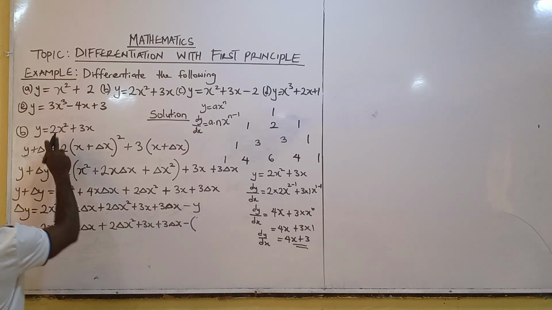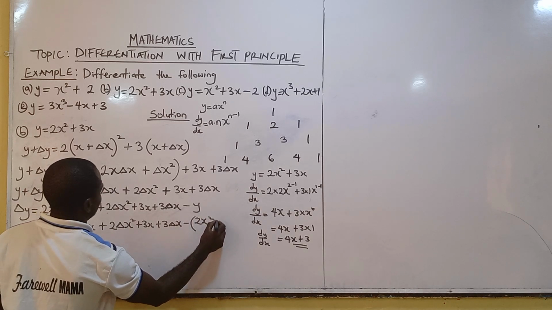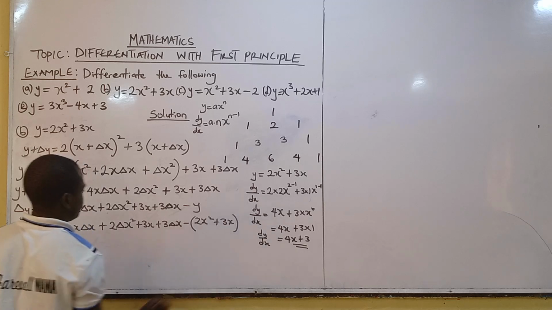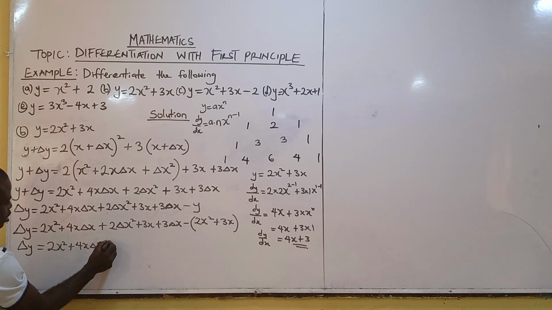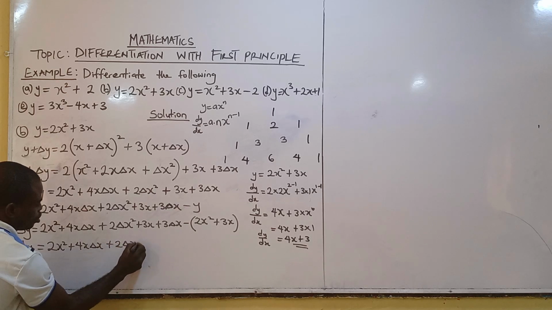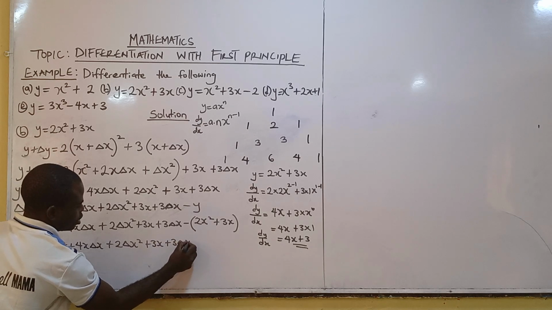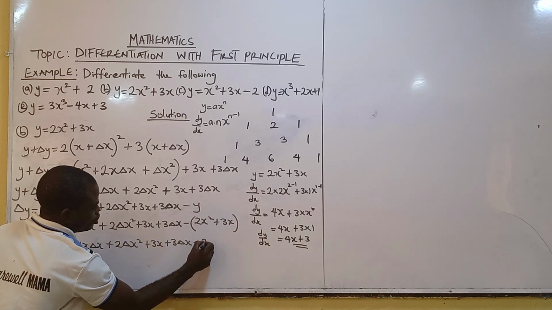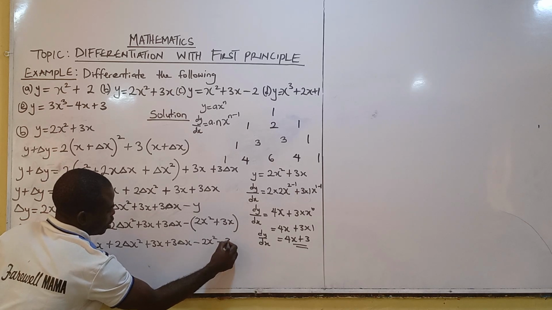Open bracket, 2x squared plus 3x. Now let's open this bracket. dy equals 2x squared plus 4x dx plus 2 dx squared plus 3x plus 3 dx minus 2x squared, minus 3x, negative and positive.